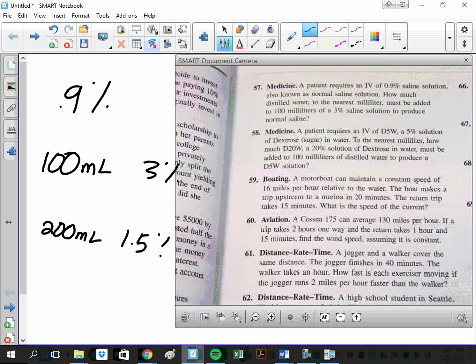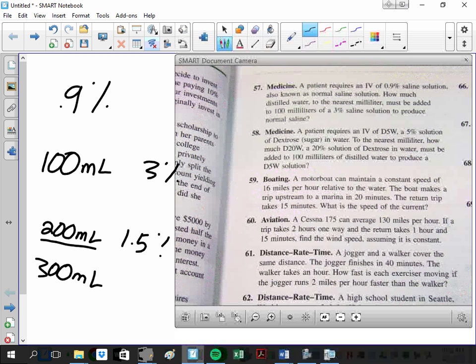If I added another 100, it would be 300 milliliters. 0.75 would be if I doubled this. I think I'm confusing you. Let's try a different method.